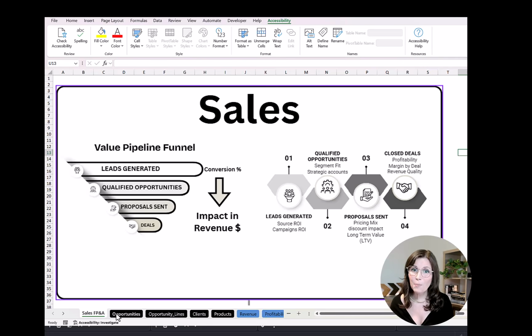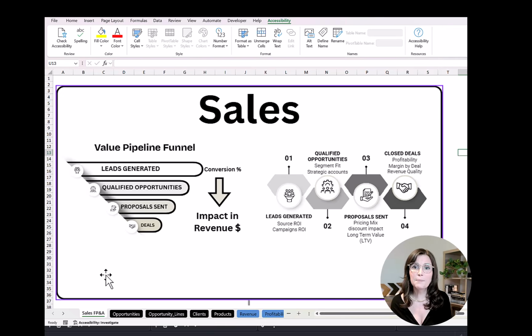Let's start at the top: opportunities. In most CRMs, sales opportunities go through familiar stages: lead, qualify, proposal sent, and finally closed deals and lost deals as well. That's your typical funnel. But from a revenue planning perspective, it's tempting to stop here.